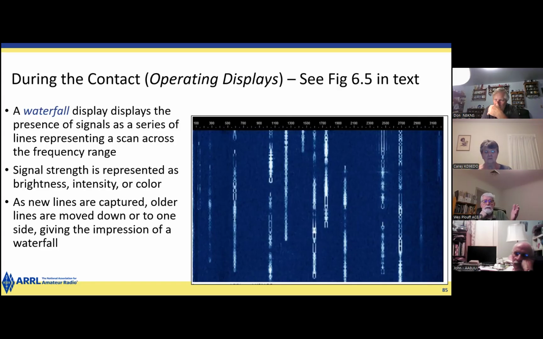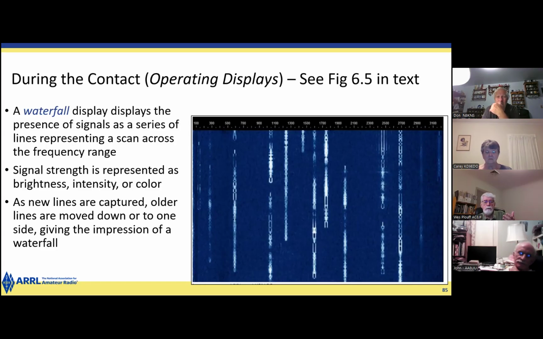Frequency is indicated left to right, usually increasing as you go to the right. And the signal strength is represented by the brightness or the color or both of the traces on the display.